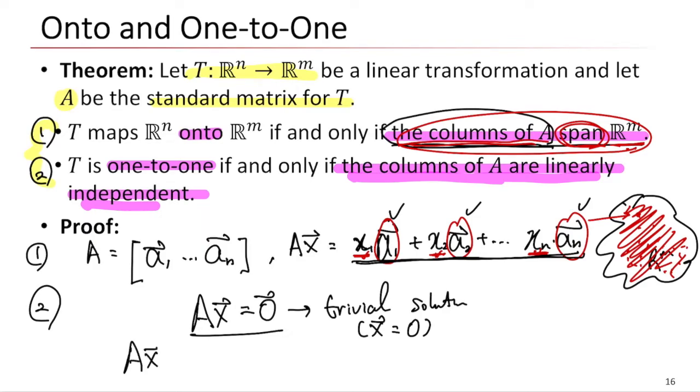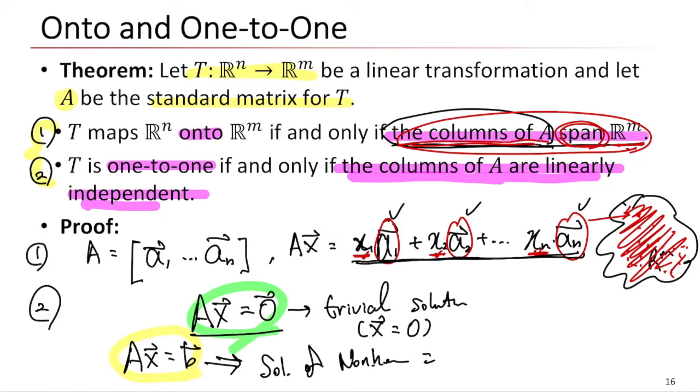Then, what was Ax equals b? What was the solution of this non-homogeneous system? This is the homogeneous system, right? The solution of the non-homogeneous one is some arbitrary vector p plus some parameter lambda times the solution of the homogeneous one, right?